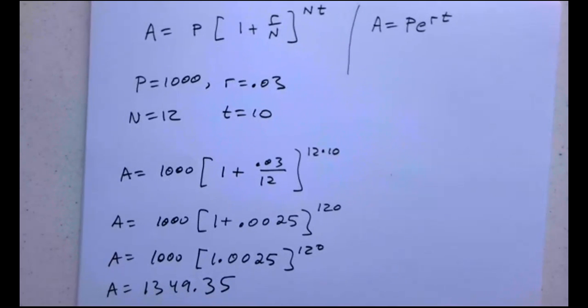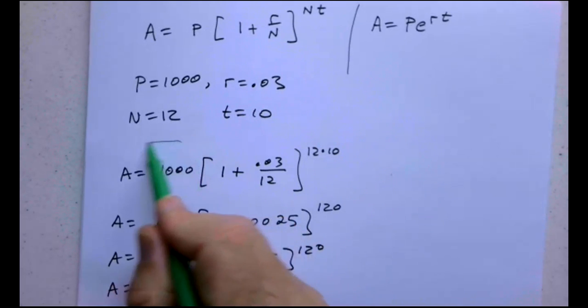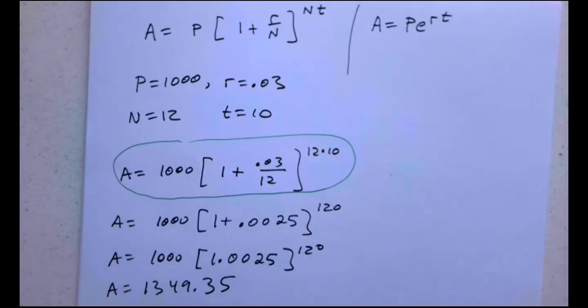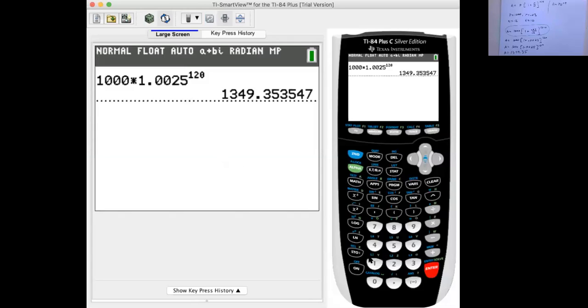Now I want to show you, I could have done the whole thing from here on the graphing calculator. It's a little trickier. I'll show you how to do that as well. So it'll be 1,000.